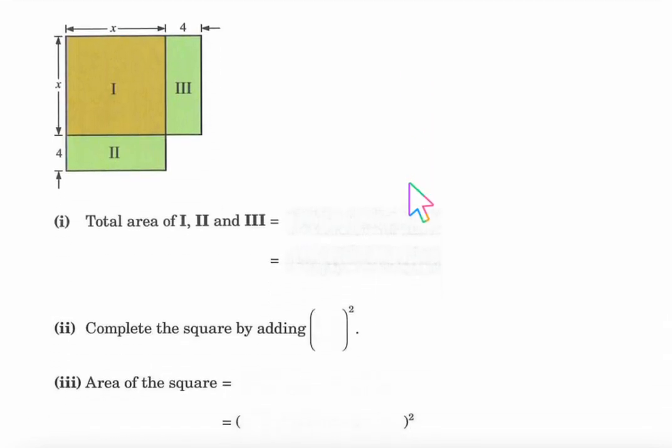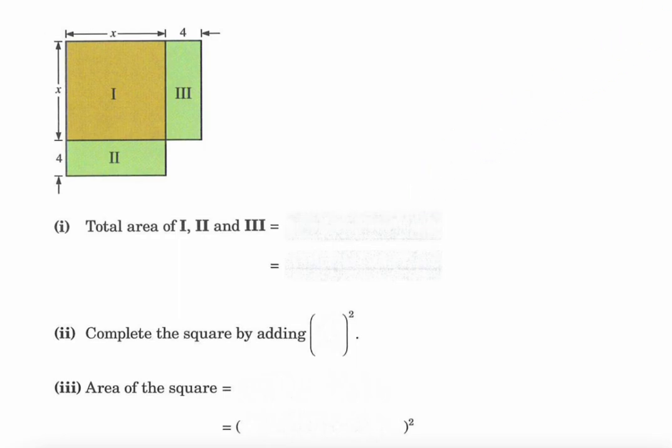All right, so in this example, I have, again, part of the quadratic expression that I want. I have x squared plus 8x, because my area is x squared plus 4x plus 4x. That's all I have.